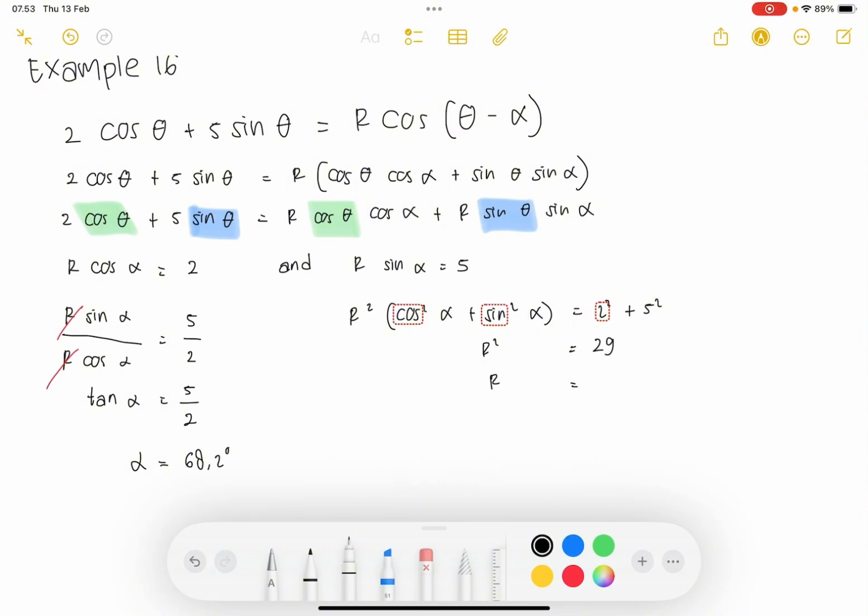So r is equal to root 29. So yes, this r, let me just change it directly, becoming root 29, and also this alpha, no longer alpha, but it becomes 68.2 degrees. Then done, right?